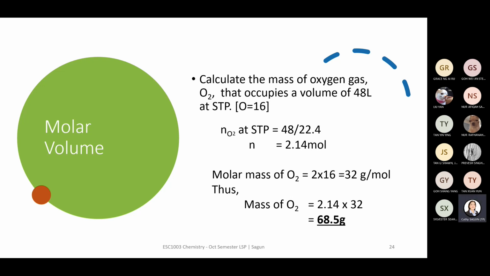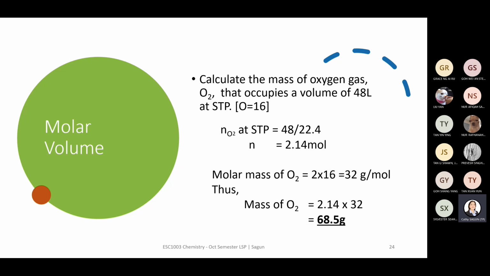So how did we get that? I press this navigate forward. So 48 divided by 22.4, then you'll get 2.14. Then you multiply it by the Ar, 16 times 2, then you get 32.